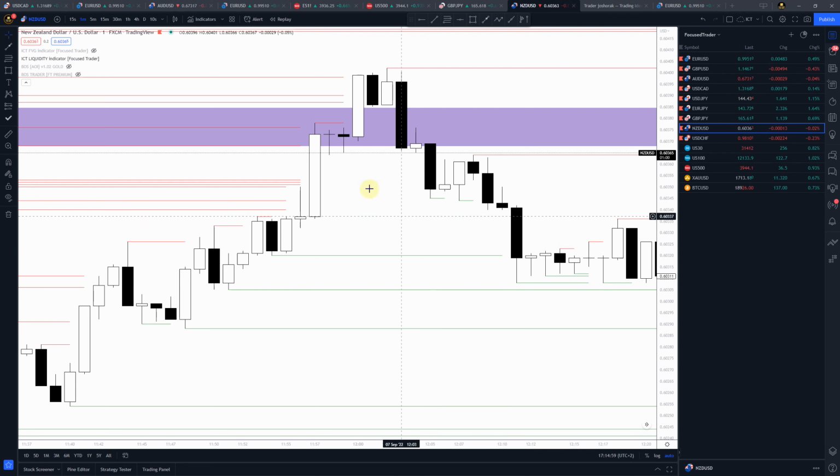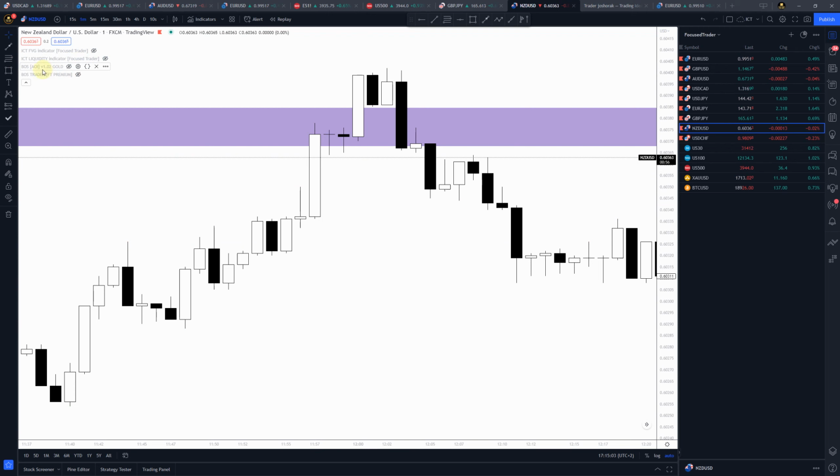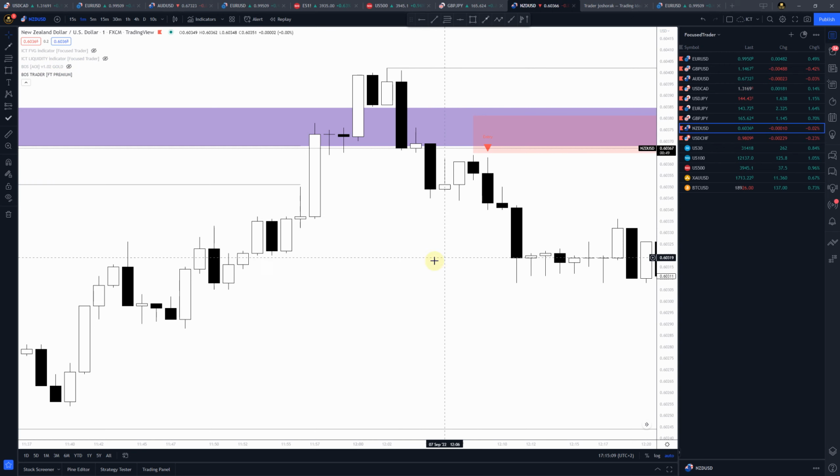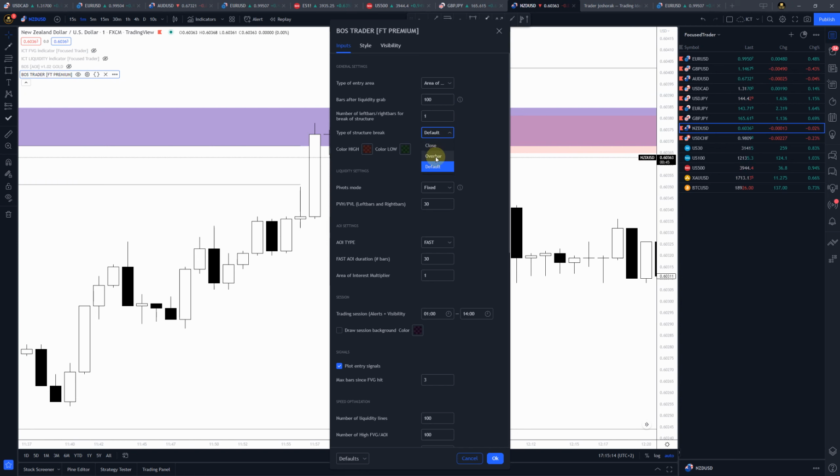Okay, so now we know how we define structure, and now how we define breaking the structure. I will show you breaking the structure on BOS Trader, because it has multiple settings for it. Let me set BOS Trader to work with fixed mode and also with 1.